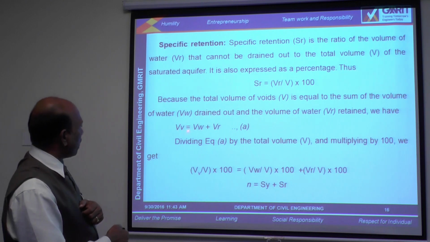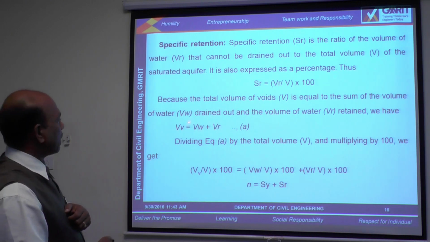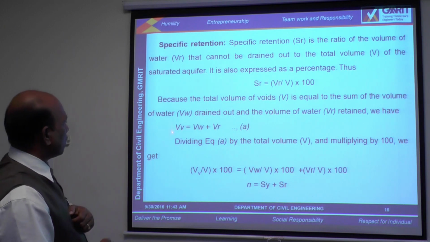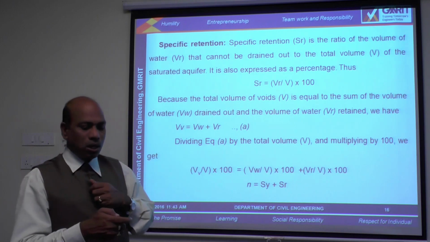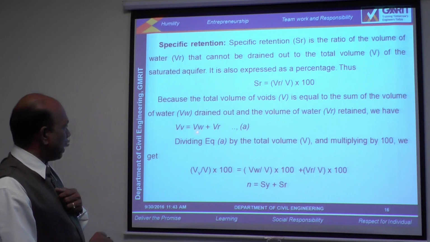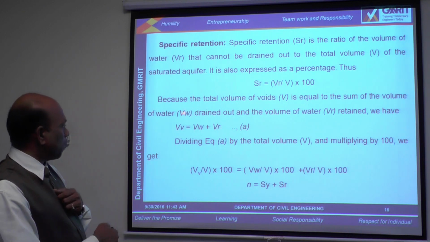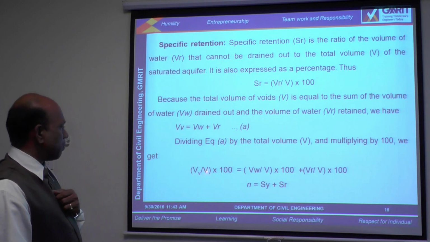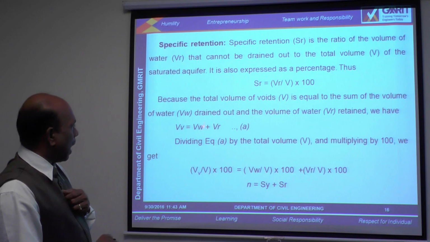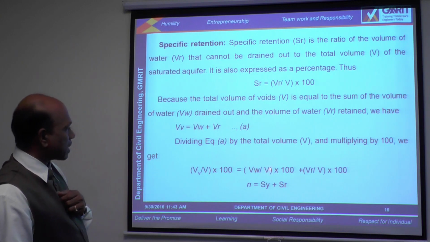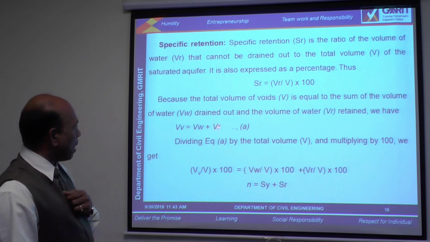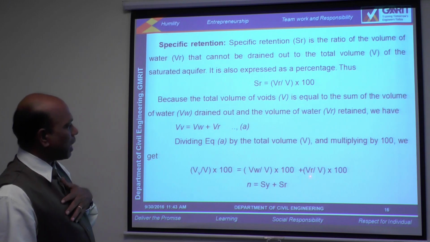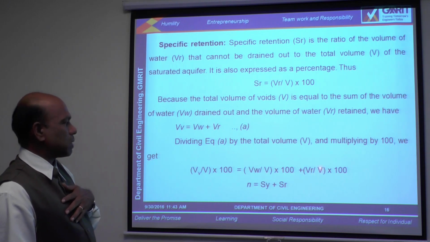Here, with VV equal to VW plus VR, and the definition of porosity as volume of voids to the total volume, we divide both sides by V. We have the equation: volume of voids divided by total volume is porosity, volume of water divided by V is the specific yield, and volume of water retained in the soil mass VR divided by total volume is the specific retention.